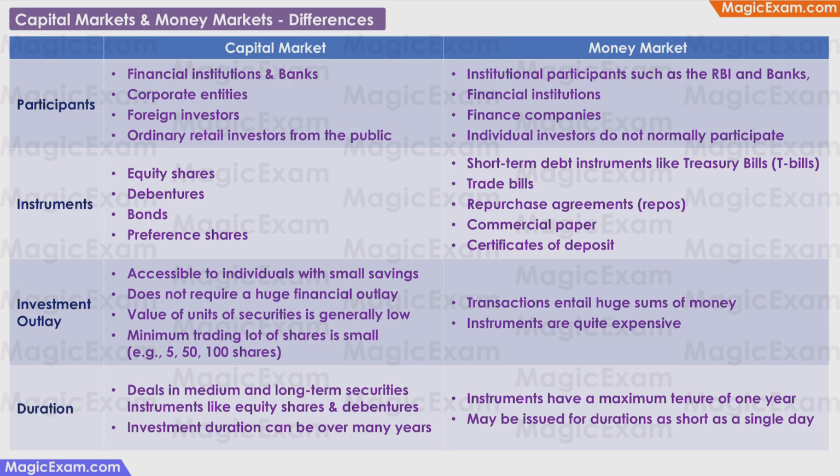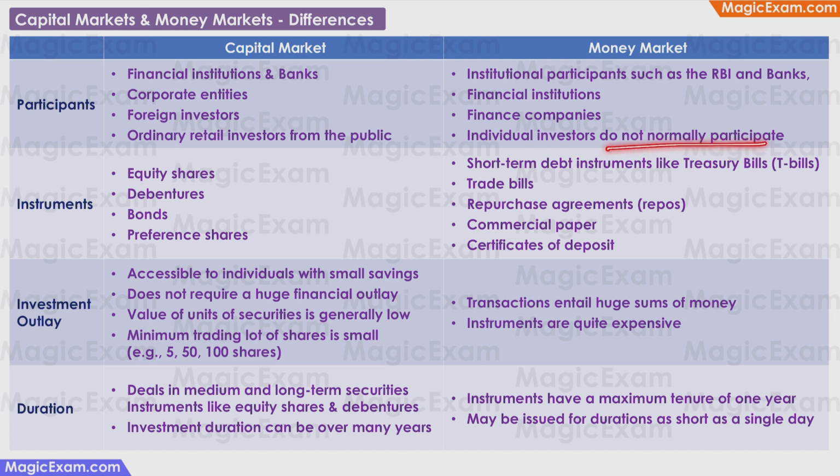Here I have given a table that gives us a quick comparison of capital markets and money markets. Financial institutions and banks, corporate entities, foreign investors, and ordinary retail investors from the public are the main participants in capital markets. Institutional participants such as the RBI and banks, financial institutions, and finance companies are the normal participants in the money markets.